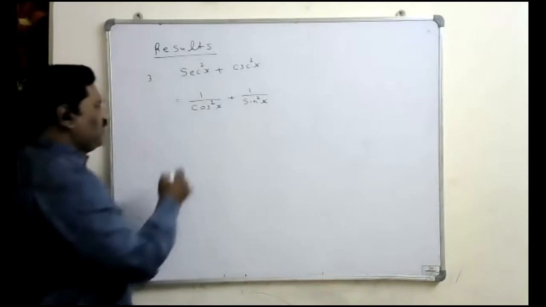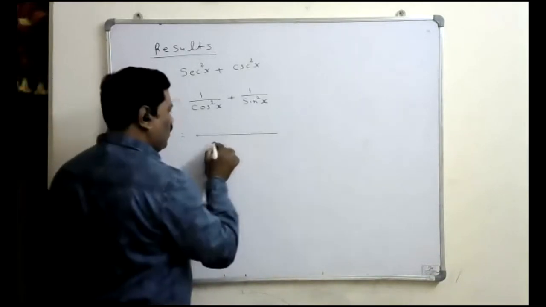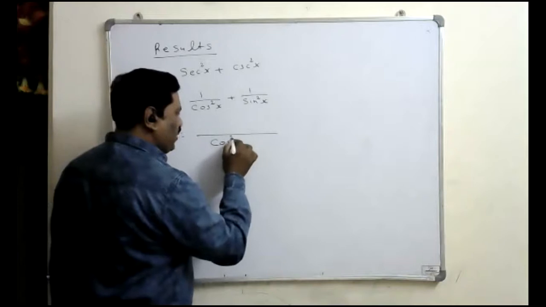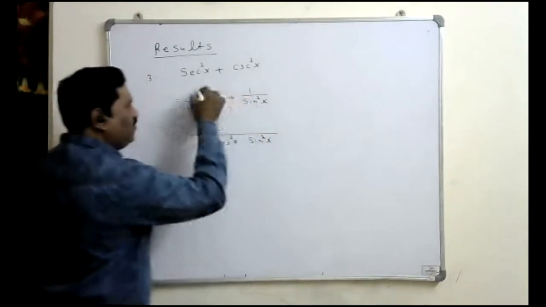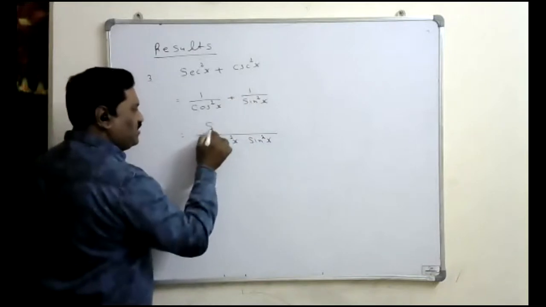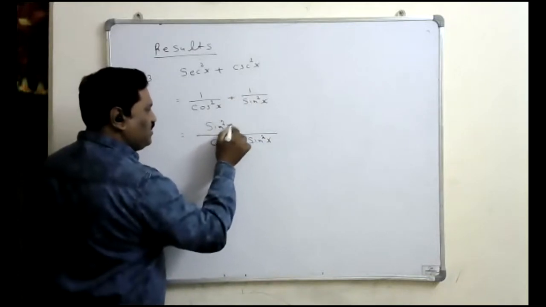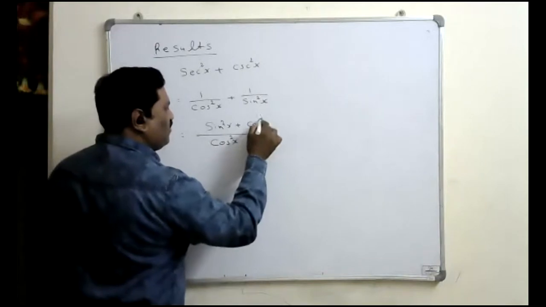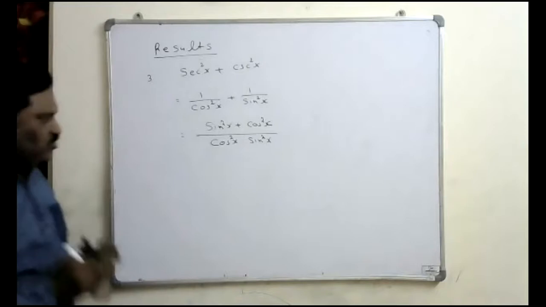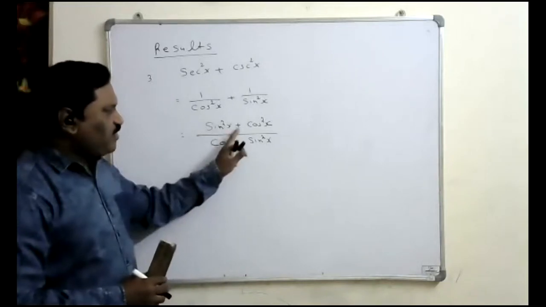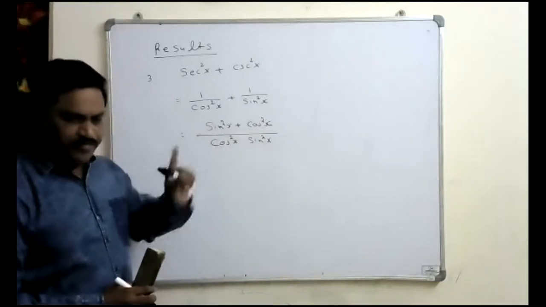Now here the LCM is cos square x into sine square x. In the numerator, we get sine square x into 1, that is sine square x, plus cos square x into 1, that is cos square x. We know the identity that sin square x plus cos square x is 1.